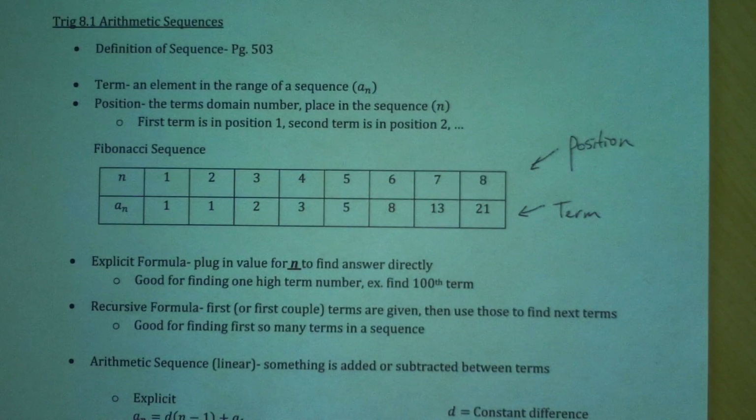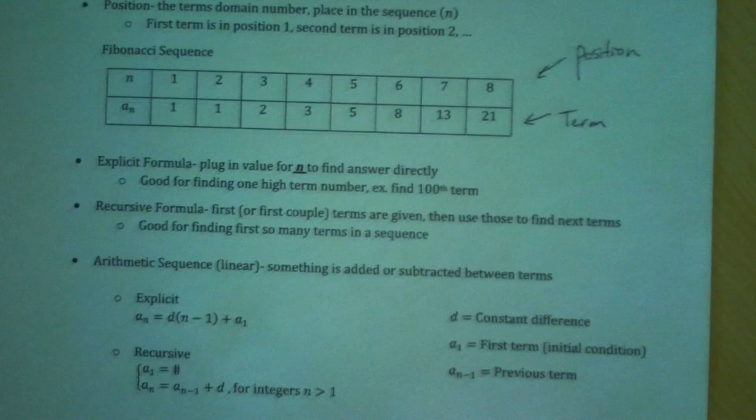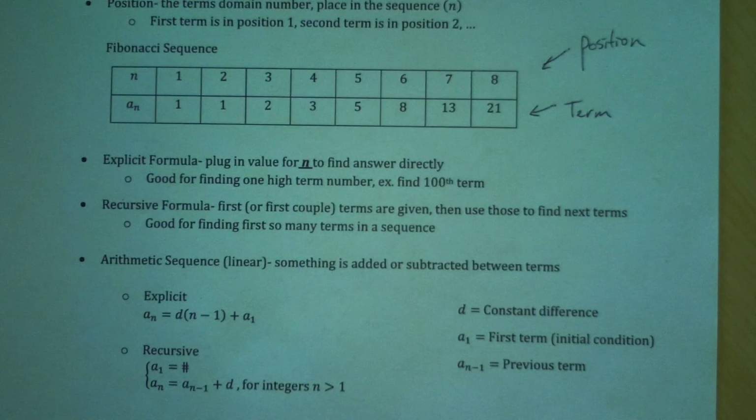There's another one called harmonic sequence that we'll deal with. I don't know if we deal with it in tomorrow's stuff or the next day's stuff, but in the next couple days, there's another famous sequence that we'll use still. Next, we're going to focus on two different types of formulas, explicit and recursive. They're basically both ways of writing the same types of things, just sometimes one of them is more ideal than the other. The explicit formula is easiest if you need to plug in a value of n and kick out an answer.